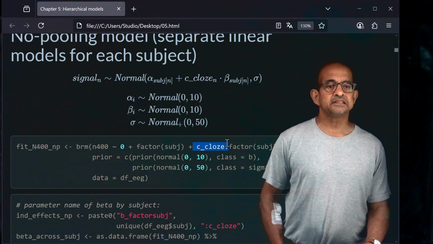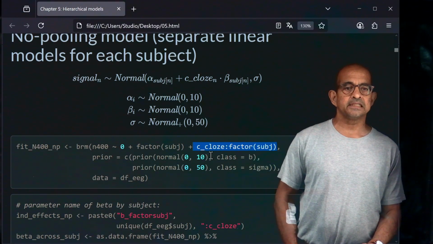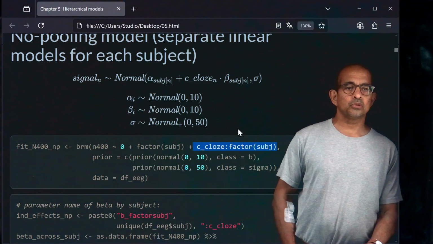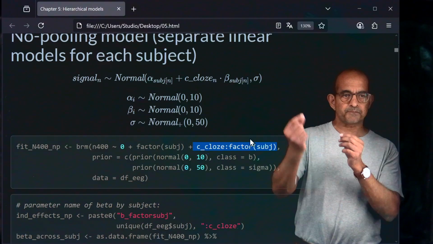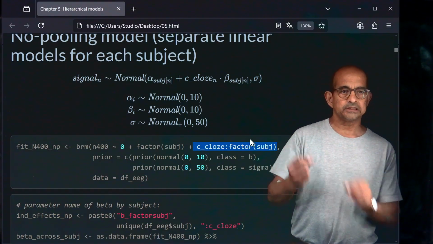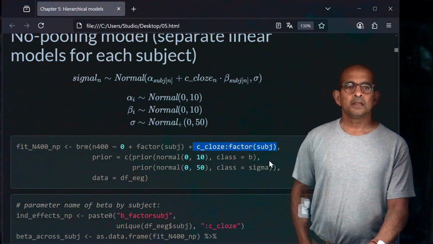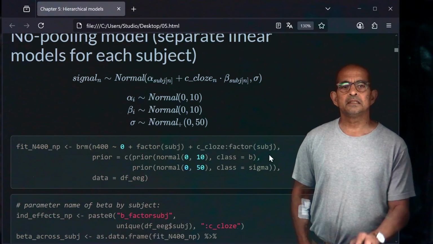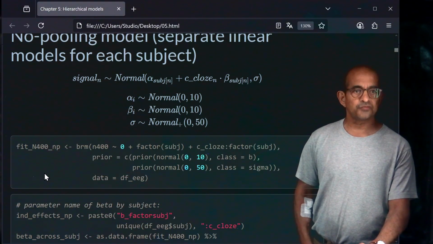And this interaction term between the factor version of the subject IDs and the centered close achieves the effect that we fit a separate slope for each subject as well. So this is just a syntactic detail in that we are setting up in order to fit a separate model for each subject.